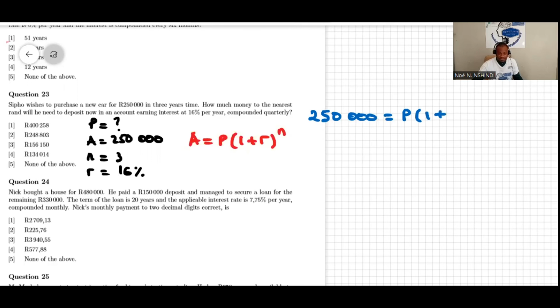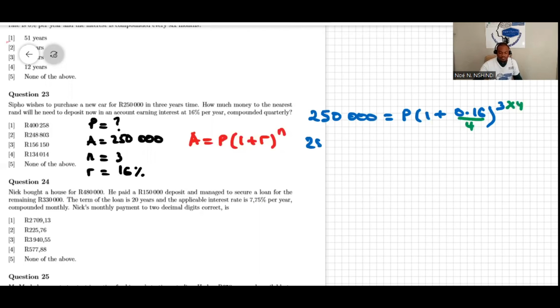The rate is 16%, but I must write it not as a percentage but as 0.16. Since it is compounded quarterly, we divide this by 4, because it means 4 times in a year. For how many years? 3 years. And for the same reason, compounded quarterly, we multiply by 4 here also. Then we can do the calculation.